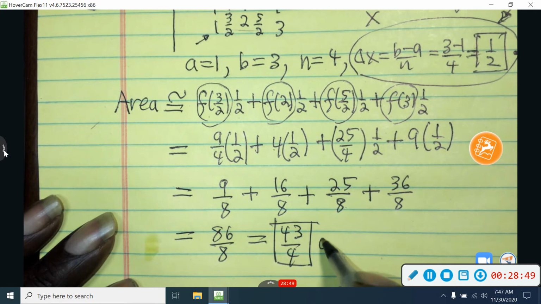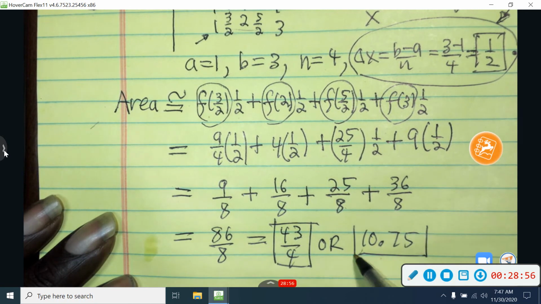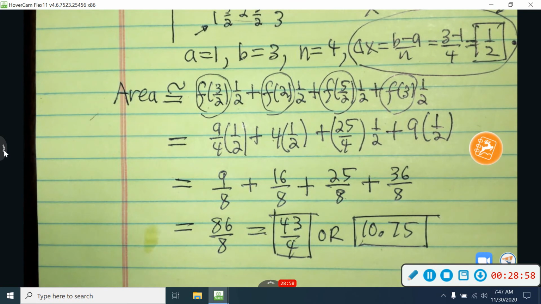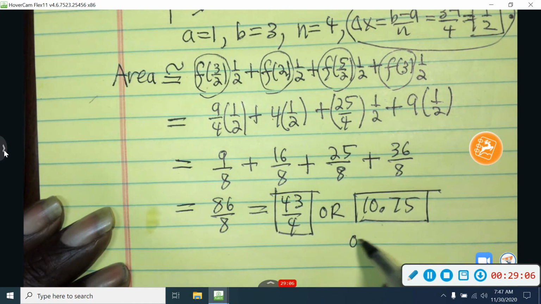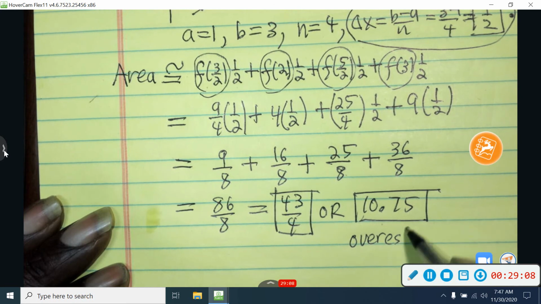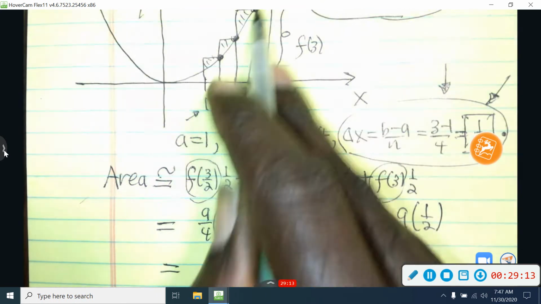Or if you want to get a feel for it, it's 10.75. Okay? So there's our area in square units. And that's an overestimate. Let's write that. That's an overestimate, because we can see from the picture it's too much.